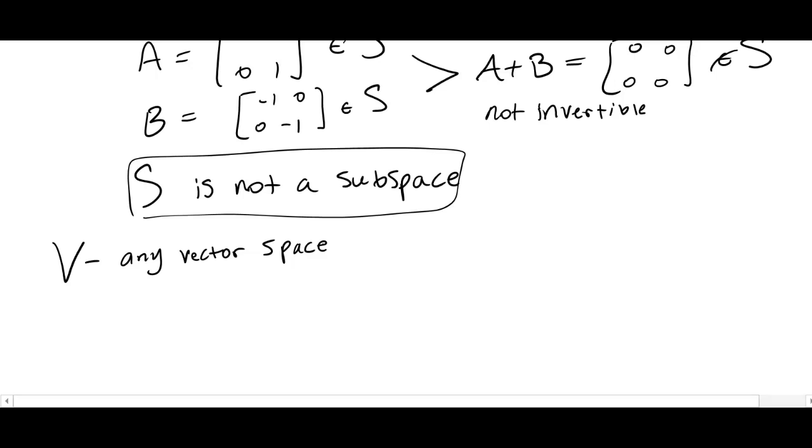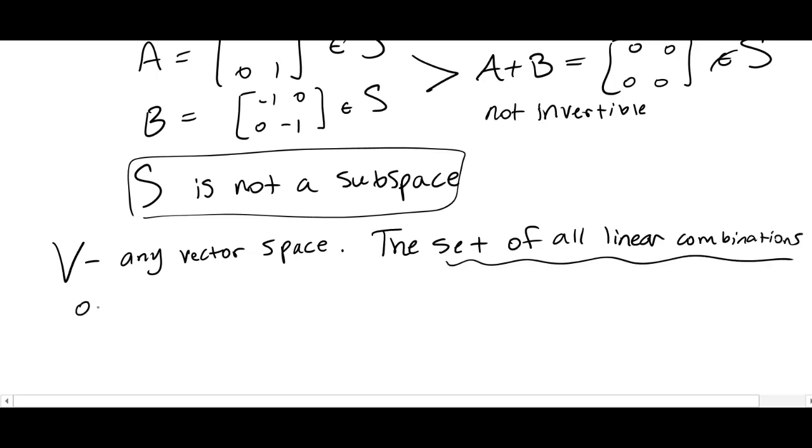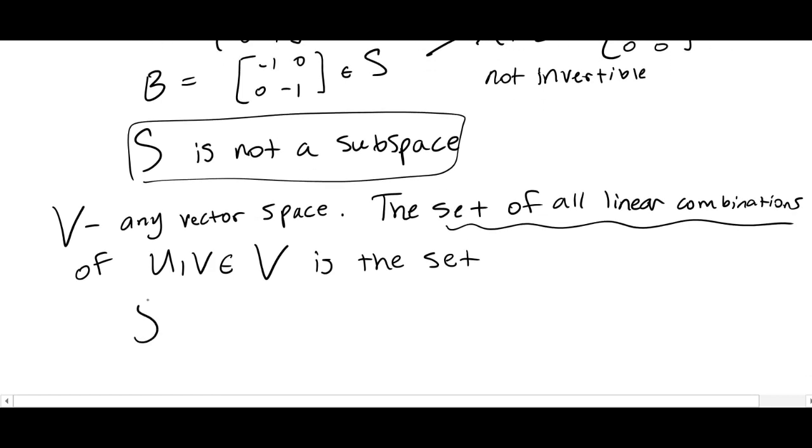The set of all linear combinations of two vectors, u and v, inside V, is the set S equals cu plus dv, where c and d are real numbers. So we've talked about linear combinations a lot. This is just the set of all linear combinations for any numbers c and d.